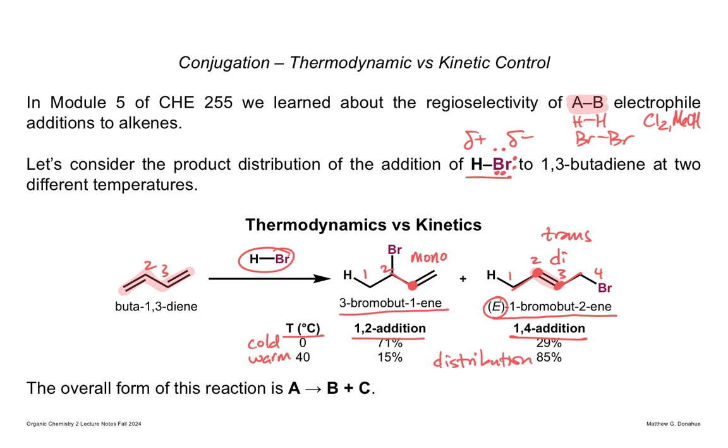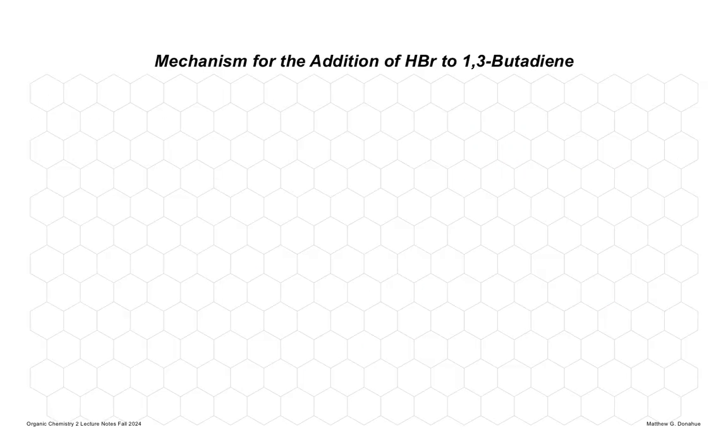So at cold temperatures, the 1,2 product is favored. And at warmer temperatures, the 1,4 product is favored. So on the next slide here, I'll draw out the mechanism, and then the subsequent slides or questions will talk more about understanding it.